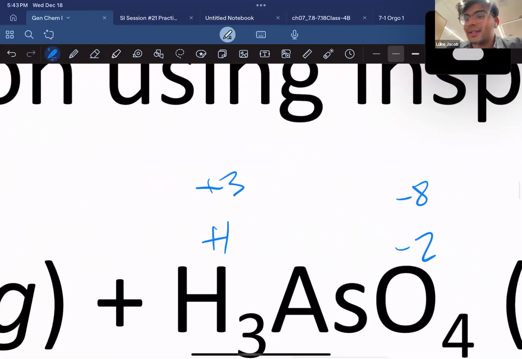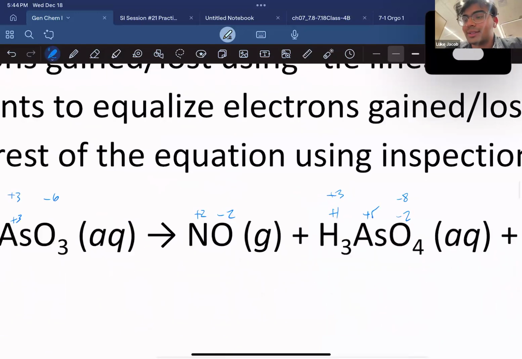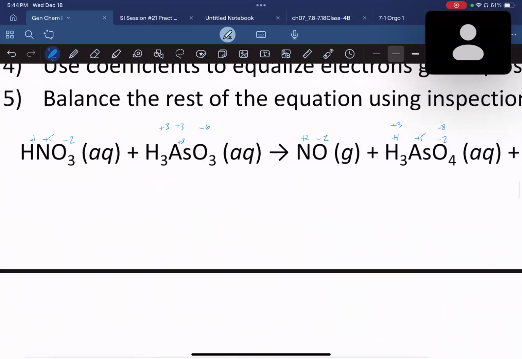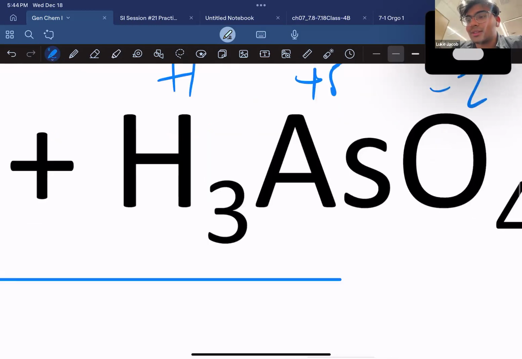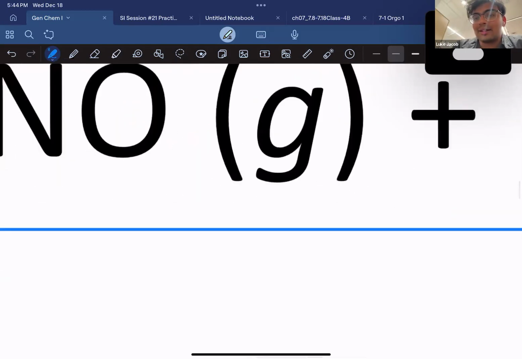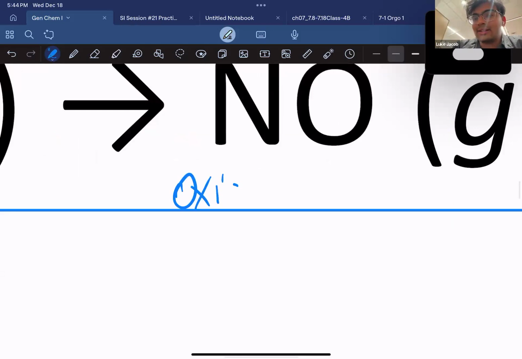Does everyone understand how I'm getting these oxidation numbers, oxidation states? Okay. So what's being oxidized? Can anyone tell me? Arsenic? Yeah, the oxidation is happening with the arsenic, right? So this is getting oxidized, right?